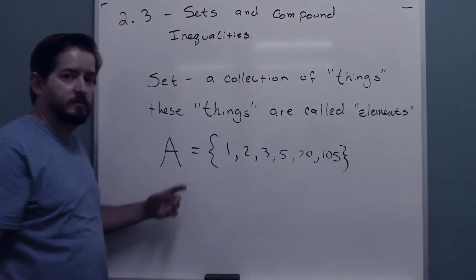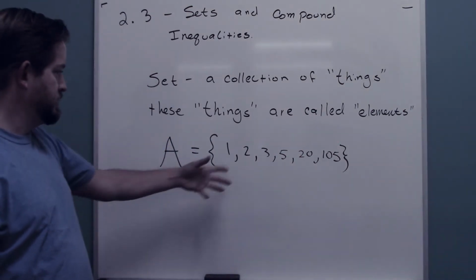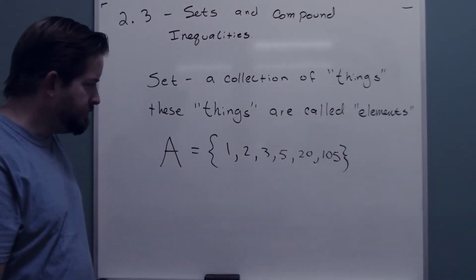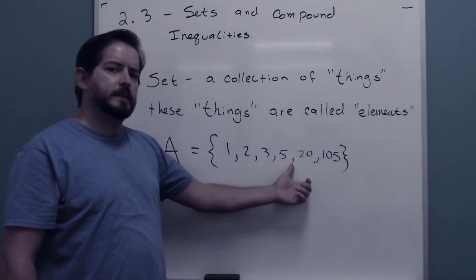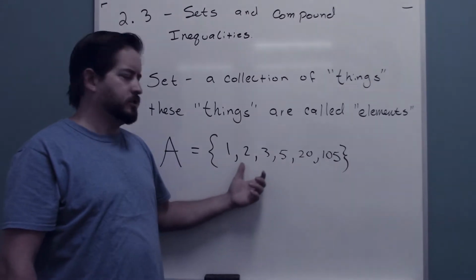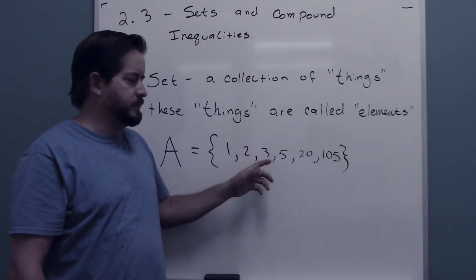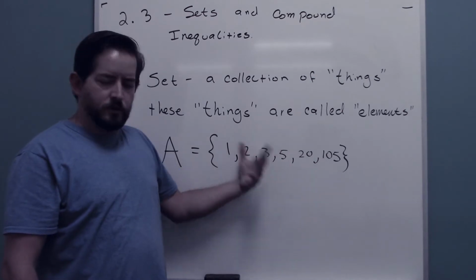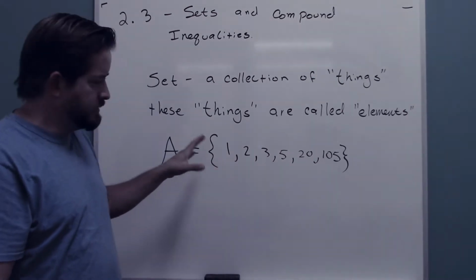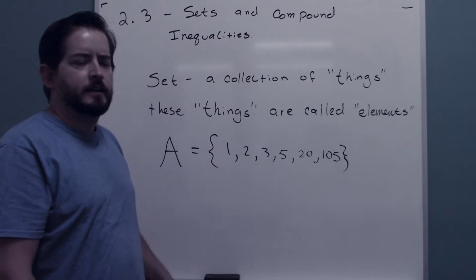There's a set. There's stuff in it. It's just that collection. When we write out a set, we're just identifying what's in the set. So it'll only appear once. Like the number 3 will only appear once. The number 5 only appears once. Whatever's inside this set is just a list of what's there.